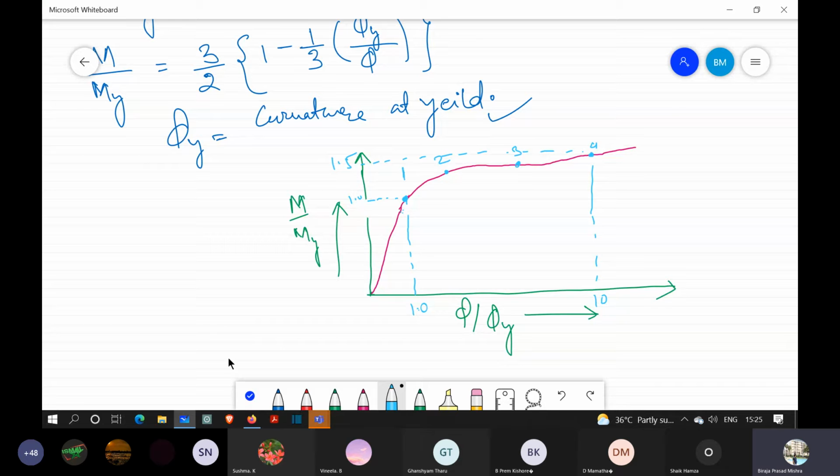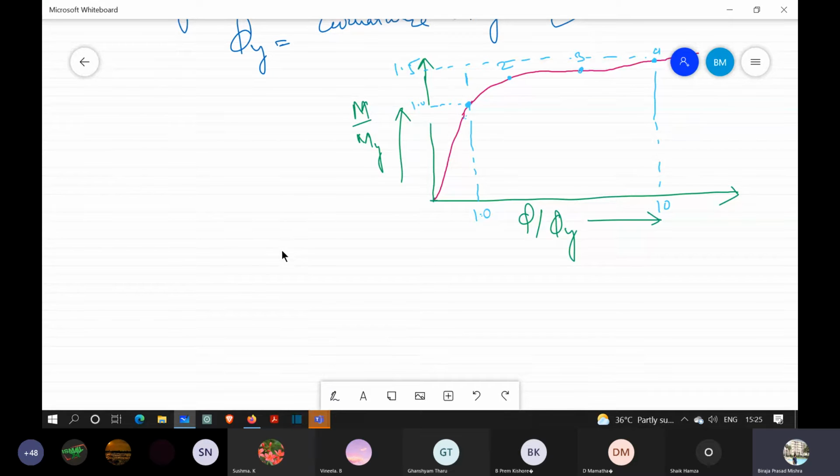Now one special case can be done. Okay, now this is for the rectangular section 1. We can develop it, or we can write it directly like this.